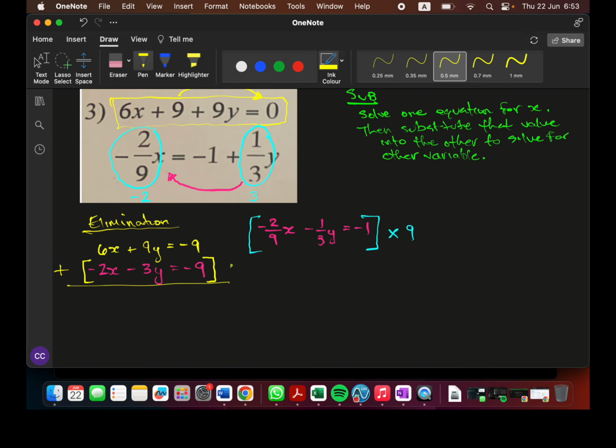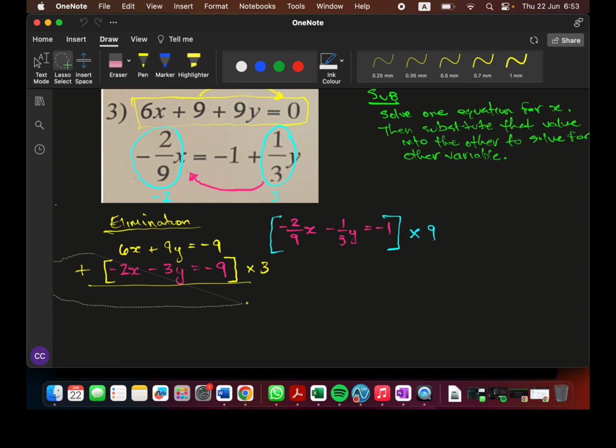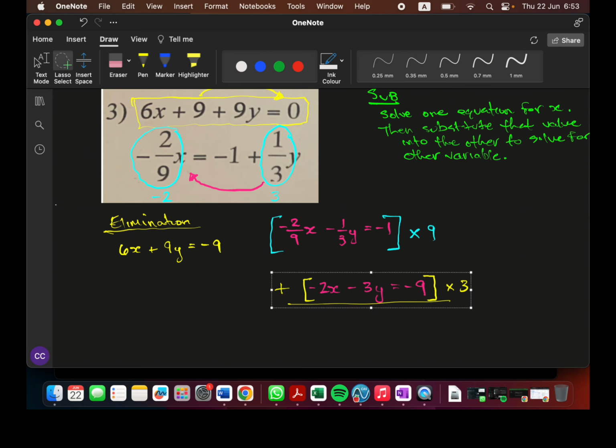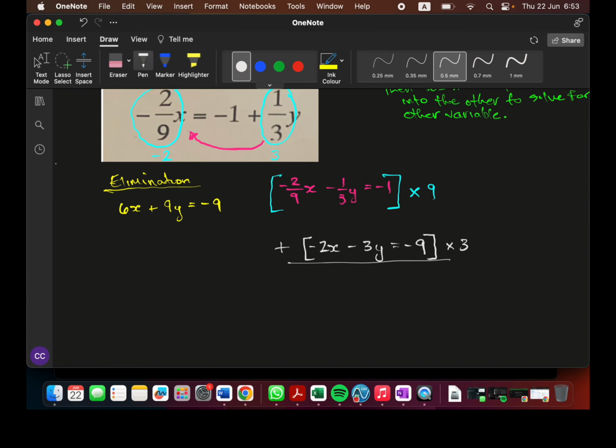Let's say if I multiplied this by 3, then again, I'm just going to move this out of my way. If I multiply that by 3, I would end up with -6x plus 9y.